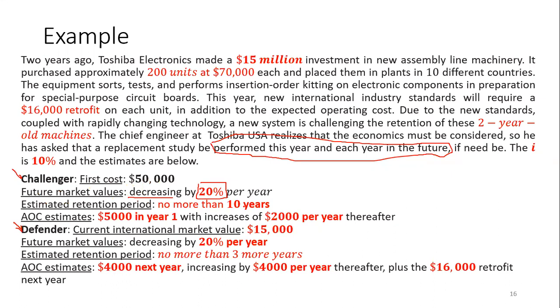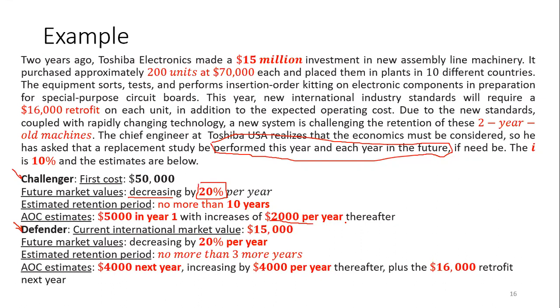The annual operating cost is estimated at 5,000 in year one, increasing by 2,000 per year thereafter. So this is an arithmetic gradient. The defender's current market value is 15,000. Future market value decreases 20% again.